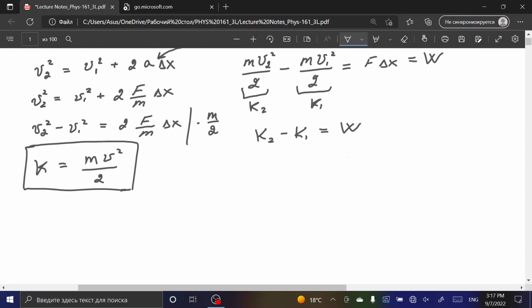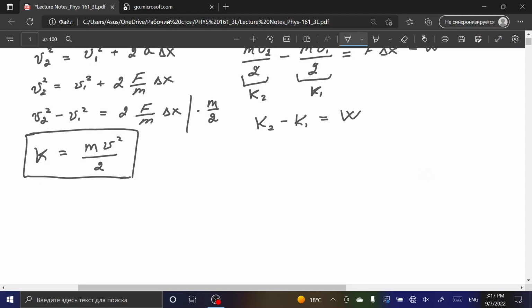If this force is a function of position, as we considered previously, it doesn't remain the same but changes from position to position, from x to x. Then, of course, we need to implement integration in order to get this kinetic energy change.